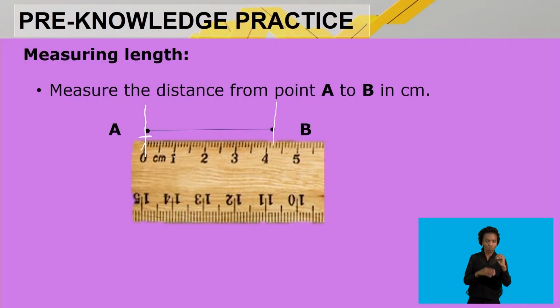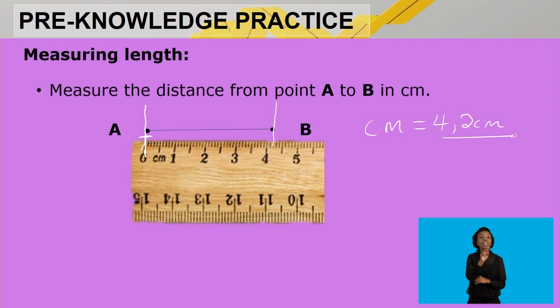So now when you have your ruler, you'll start putting it at 0, not at 1. You start putting your ruler at 0. When you measure, you start from 0, 1, 2, 3, 4. So now in this case, measuring our distance in centimeters, we have 4,2 centimeters.